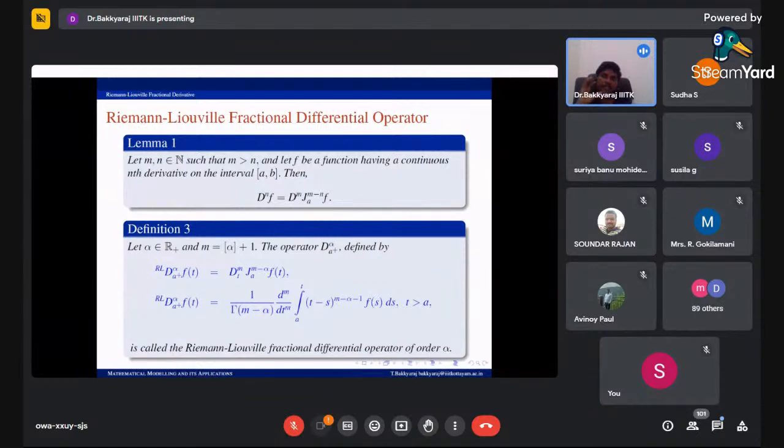Whenever you have a system with a memory effect, you can use the fractional derivative as an appropriate model to predict memory-dependent properties. The fractional derivative plays a very important role in modeling because of its non-local nature. This is a drastic difference between the classical derivative and the fractional derivative: classical derivatives are local, while this is a non-local operator because an integral is involved.